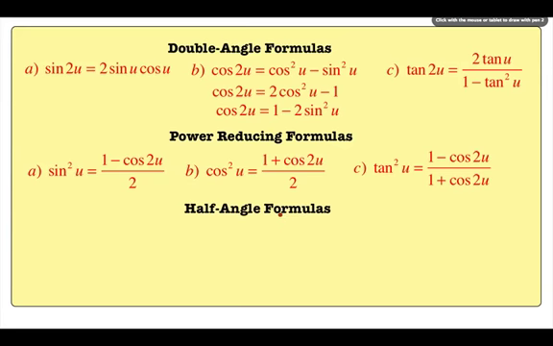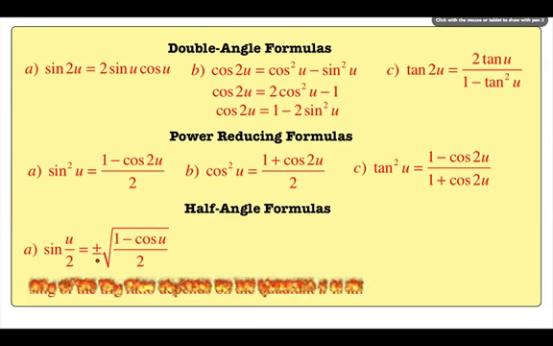Half angle formulas. This is the first one. The reason why we call it half angle is because you have u over 2, or half of u, half angle. And on the right hand side of the equation here, you have a positive or negative. When do you use a positive? When do you choose the negative? The sign of the trig ratio depends on the quadrant that u is in.